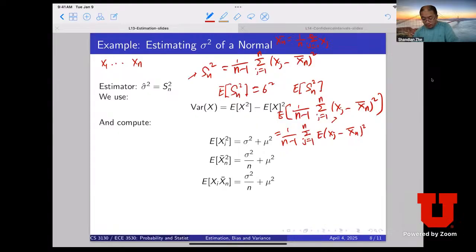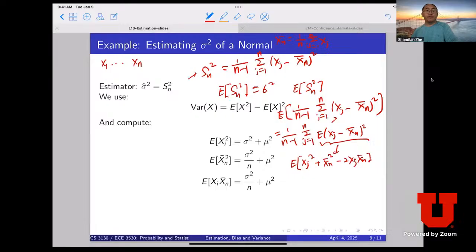Okay, so then the remaining thing is how do we compute the expectation of every square term? We just do some expansion. This is a square term, so we're gonna take the expectation of xj squared plus x hat n squared subtracted by 2 xj x hat n.